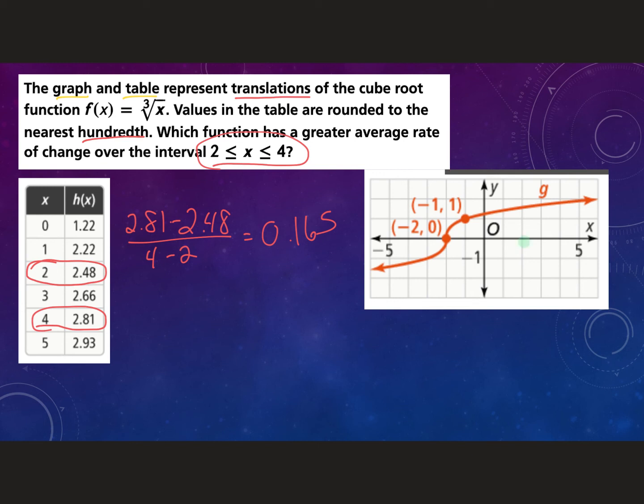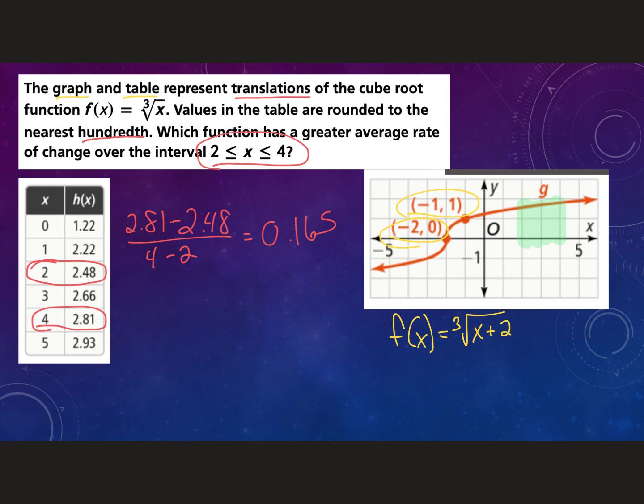Now when I come over to the graph, I need to find this value between 2 and 4. I can tell that it's moved left 2. So this is the graph of f of x equals the cube root of x plus 2.